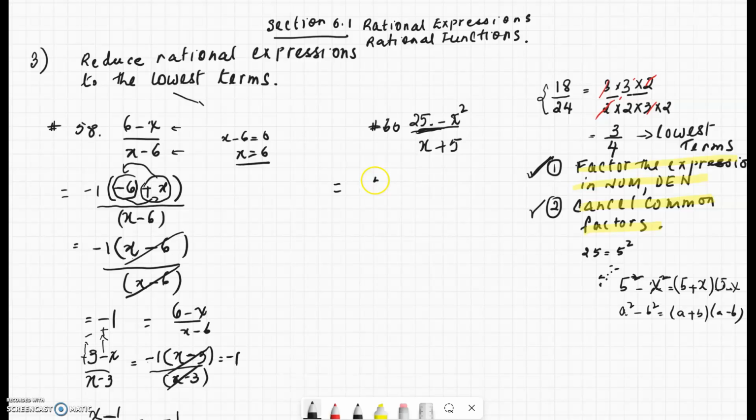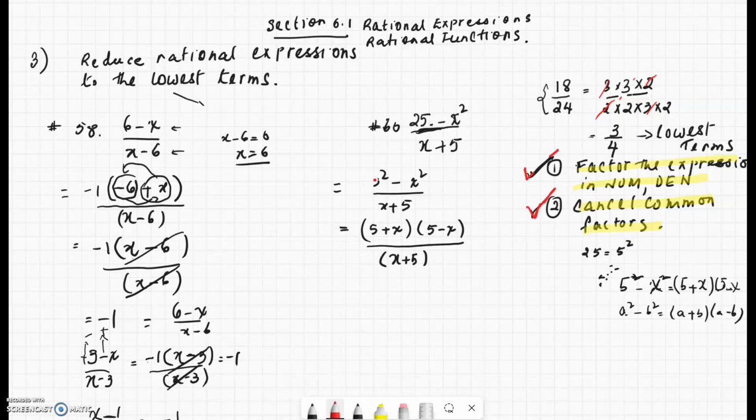So we have 5 squared minus x squared over x plus 5. That's a difference of squares, so that's 5 plus x times 5 minus x. The factoring of a difference of squares is easy because you just use the special product. And now we've factored the numerator, factored the denominator, so the first step is done.